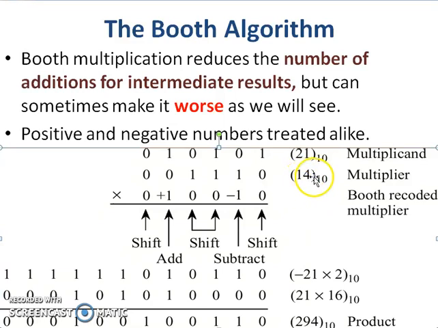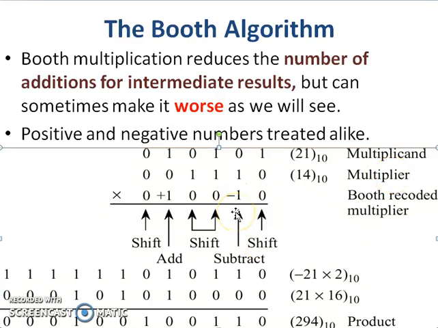By scanning the multiplier bits, you write the Booth recoded multiplier, that is, placing a -1 in a string where you see the first 1, and placing a +1 where you see the next 0 in the string. So you write the Booth recoded multiplier from a multiplier value.